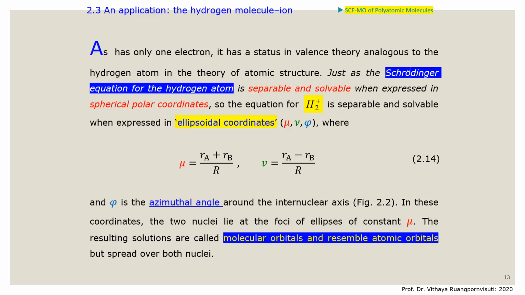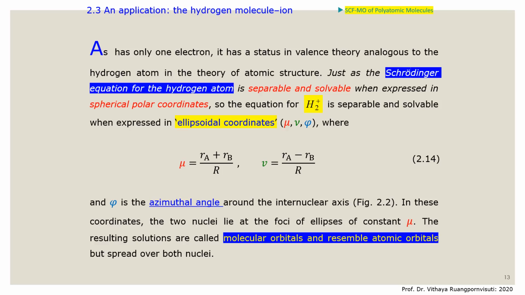Just as the Schrödinger equation for the hydrogen atom is separable and solvable when expressed in spherical polar coordinates, so the equation for the hydrogen molecule ion is also separable and solvable when expressed in ellipsoidal coordinates.